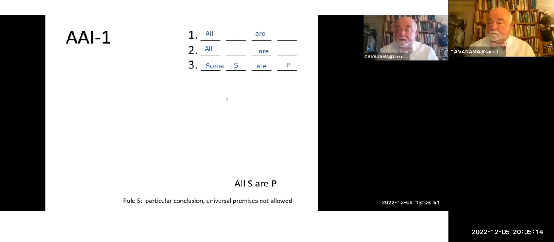You're not going to get a particular conclusion from universal premises. Okay, see here, figure one again, M and M, and P and S. Okay, let's see what happens.